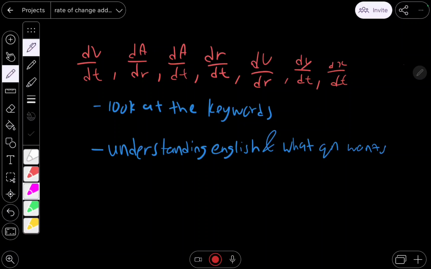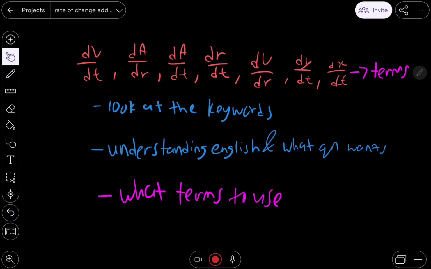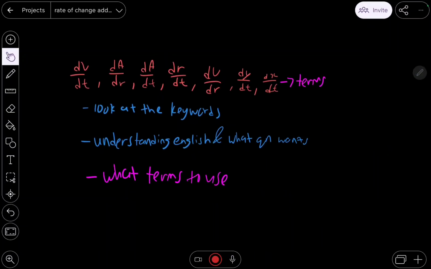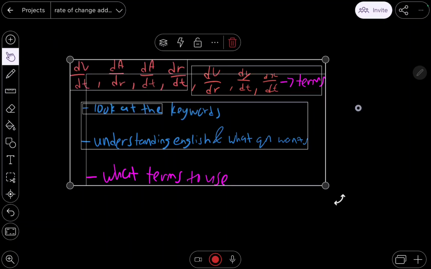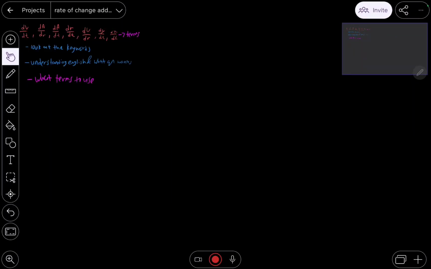So all these I will call them terms. Okay, so the next step is what terms to use. Alright, so for rate of change, this is what you have. And connected rate of change, we're going to use the chain rule. Alright, so I will leave this one side here first.